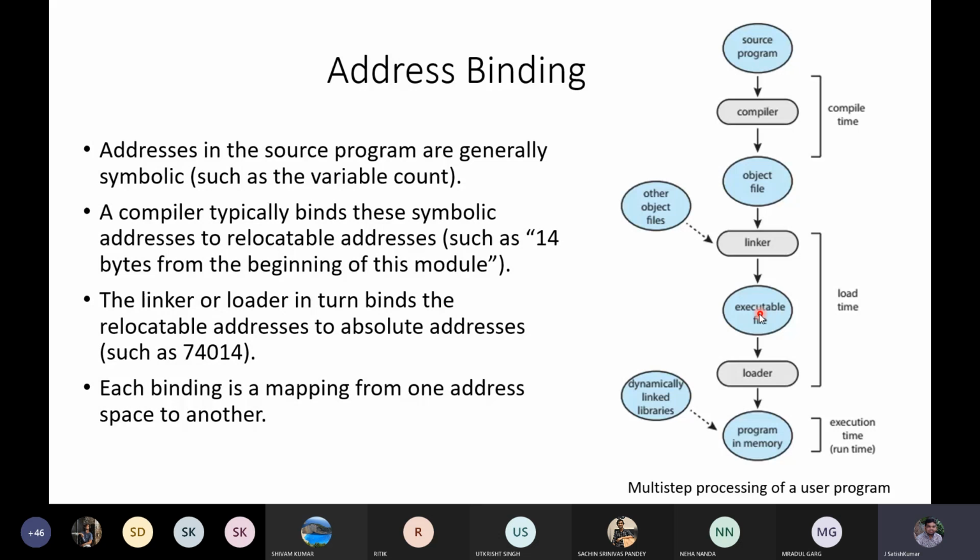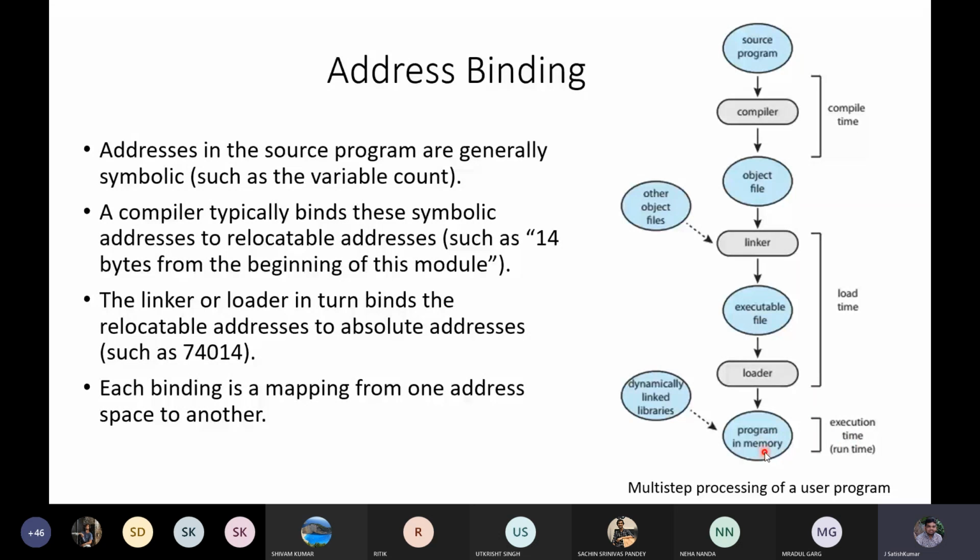Once it is turned into an executable file, it will be loaded. The loader will come into the picture to load this executable file into the memory, along with dynamically linked libraries. This is the load time. Here we will run the program. This is called execution time, or run time. How much time it will take for execution depends on your program.